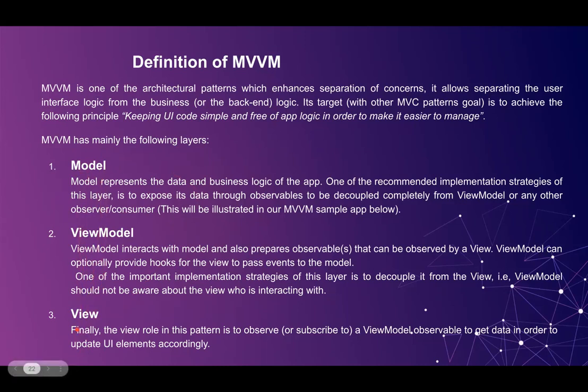Okay, seems easy. But there are certain rules that we need to apply if we are going with the MVVM architecture. Even though we can get these things into separate layers, certain rules come along with this view and view model implementation.